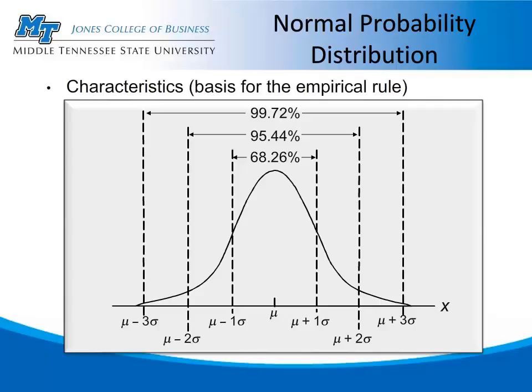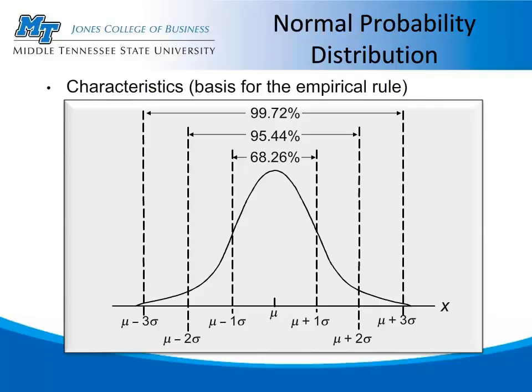Now if you go out 2 standard deviation units, 80 plus 2 times 6 would be 92. 80 minus 2 times 6, 80 minus 12 would be 68. So you would expect roughly 95% of the scores to be between 68 and 92 if they were normally distributed. And then the third value in the empirical rule is for 3 standard deviation units.